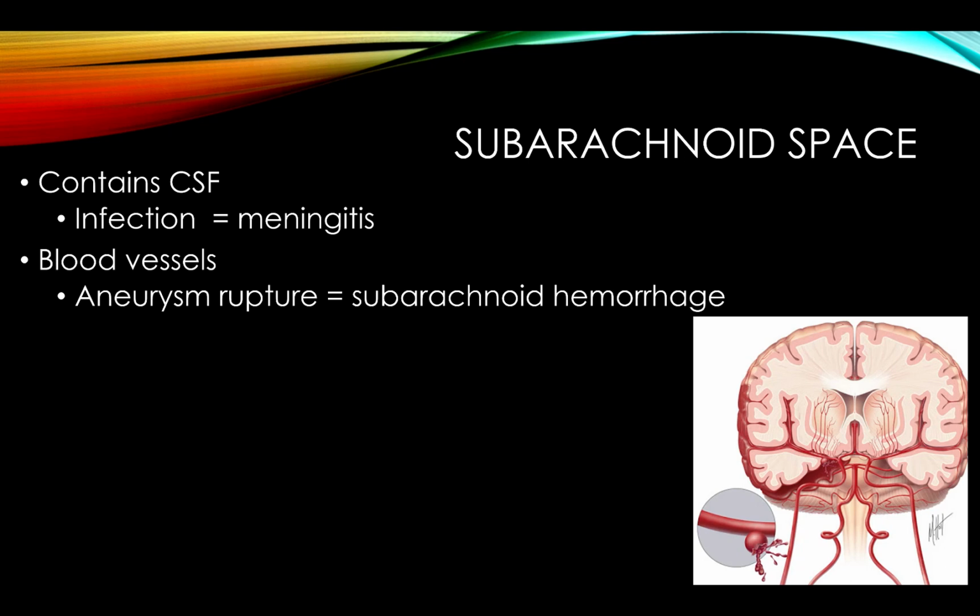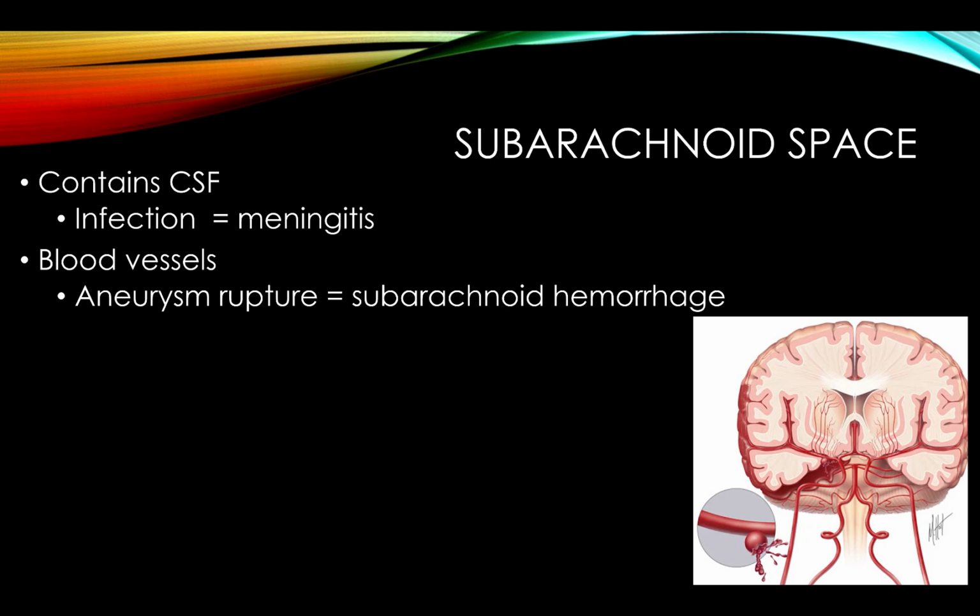And if it reaches a certain size, this can rupture. And the blood vessels then, since they're on the pia, when the aneurysm ruptures, the blood goes into the subarachnoid space. And so we call this a subarachnoid hemorrhage because the blood is in the subarachnoid space.